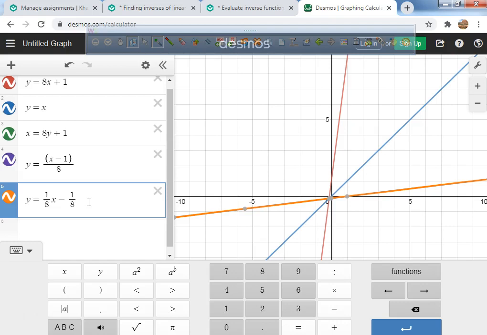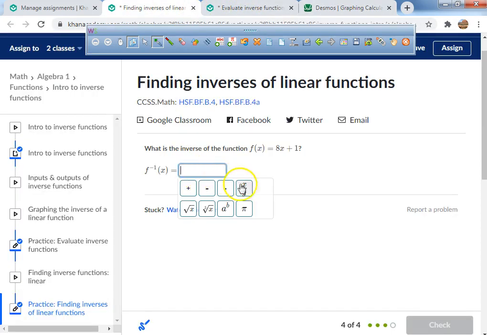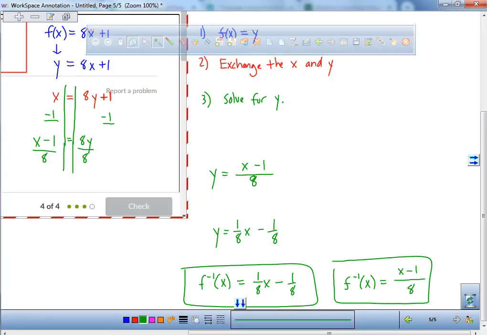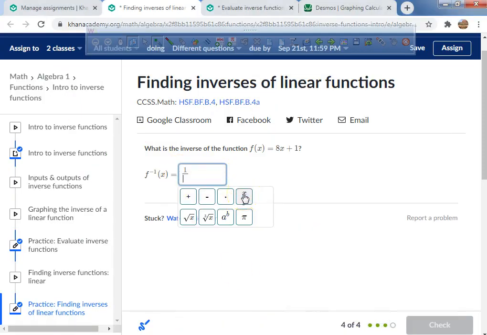So what does that mean? That means technically I should be able to type that into the Khan Academy either way. So what I'm going to do right over here is type in... Now you'll notice with the Khan Academy, you got that cool little fraction bar. So I'm going to type in 1 over 8x and then put what?